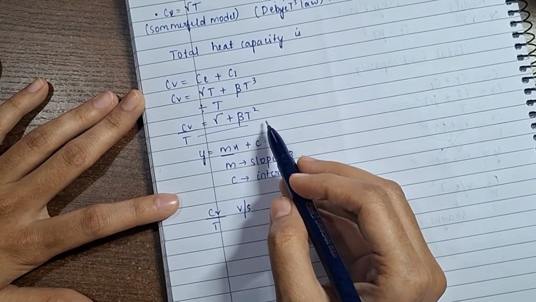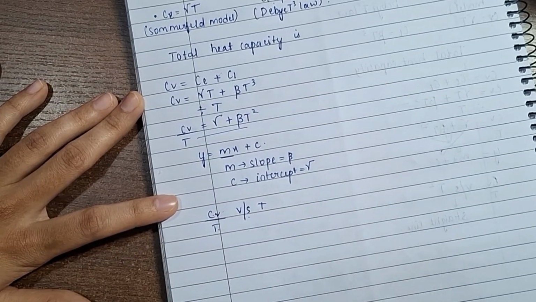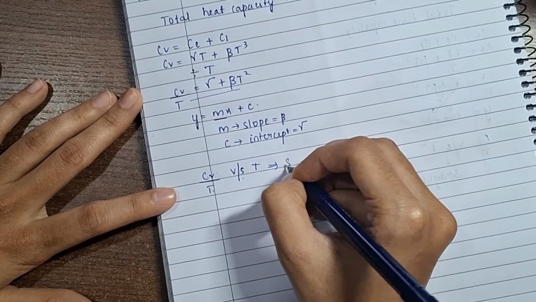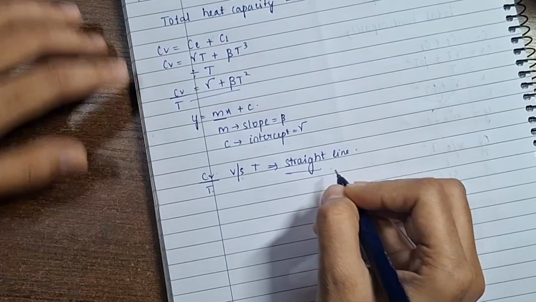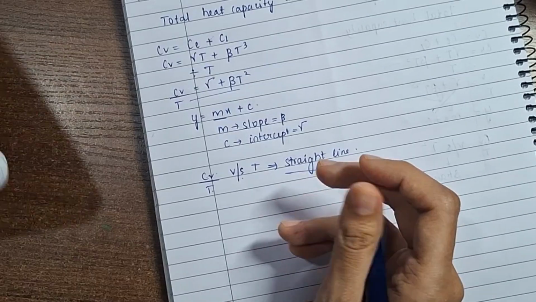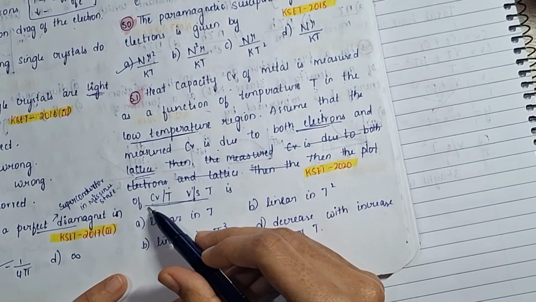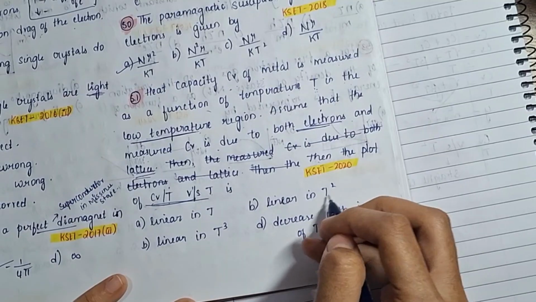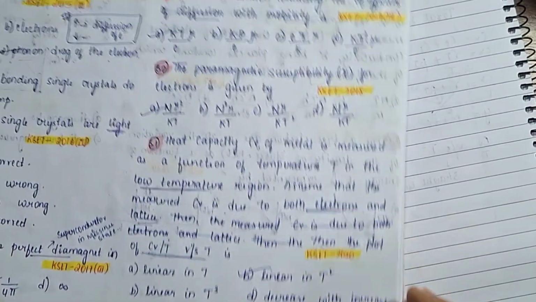So from this equation we can see that if we plot a graph of Cv by T versus T, we get a straight line, that is, it is linear in T squared. So the plot Cv by T versus T is linear with T squared. So option B is correct.